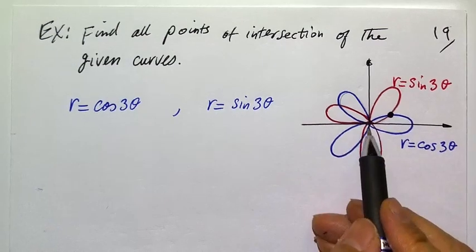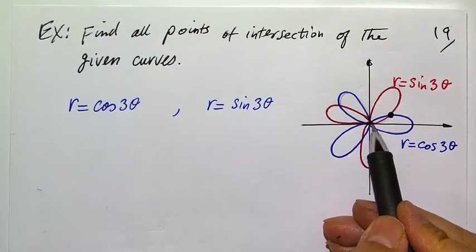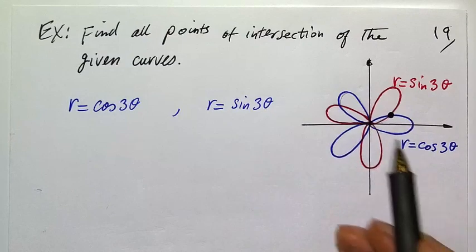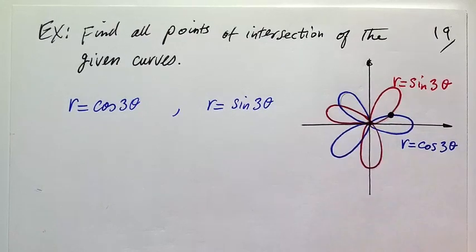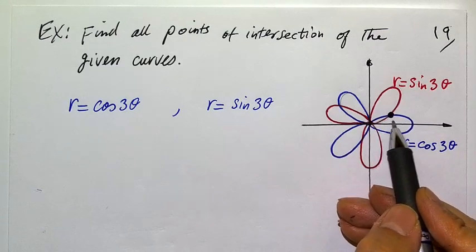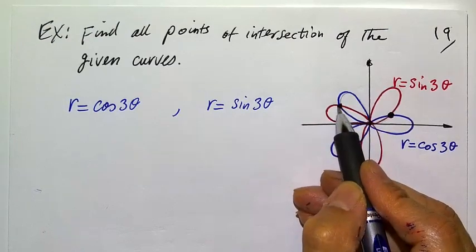Of course, notice that both curves intersect each other at the pole, right? So that's definitely there too. But we already know the coordinates of that pole. It's 0, comma, theta, right? We need to find these other points, since we don't know them. So that's another point where they intersect.